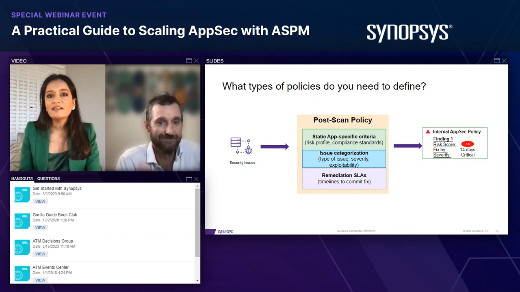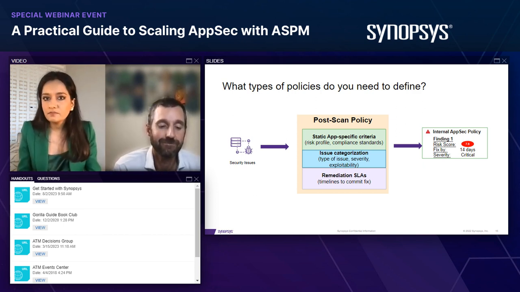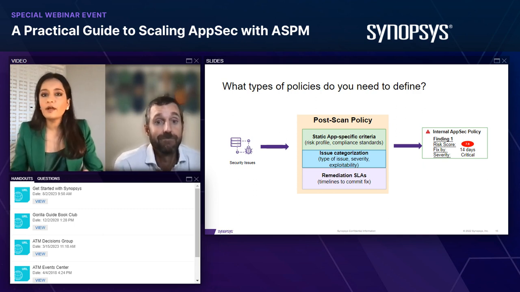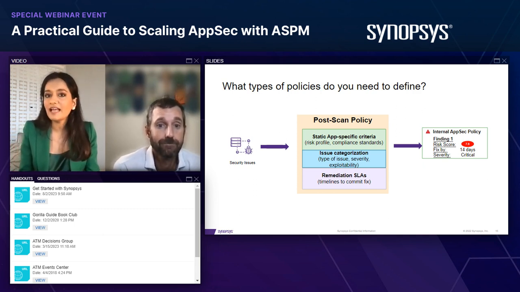What are exactly the conditions that I need to test? Do I even need to test this particular software, or do I need to test when I've committed that code change? And it also takes the guesswork out of where do I find the context of what exactly I need to go in and fix, and what exactly is my most vulnerable software.